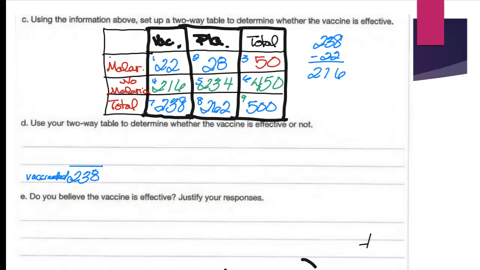Okay. And what do you want to put on top of it? The ones that got malaria or the ones that didn't? Probably maybe the ones that got it, right? So what number would that be? 22. So on your handy dandy calculator, what is 22 out of 238?